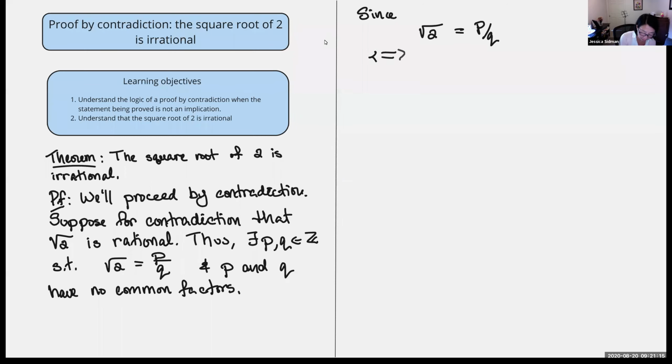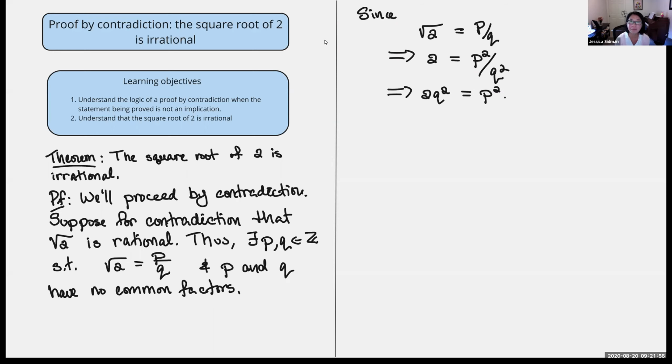That does imply that when I square both sides, I get 2 equals p squared over q squared. And I don't like fractions either. I like to work with integers. All my theorems in number theory are really about integers. So let's clear denominators as well, and then we'll get 2q squared equals p squared.